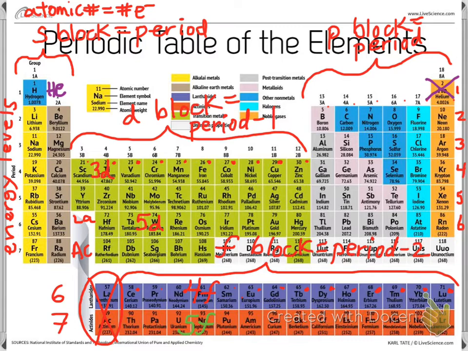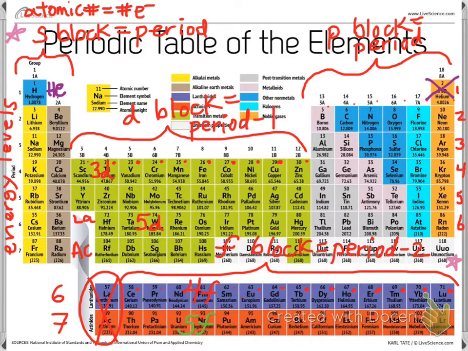In order of energy, from lowest energy, I'm always going to start up here at the top left-hand corner. I'm going to read my periodic table like it's a newspaper, working towards this bottom right corner.